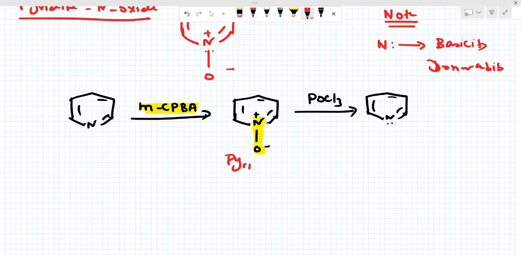This is a pyridine N-oxide. Now listen, again this first position, second, third, fourth, fifth, sixth.